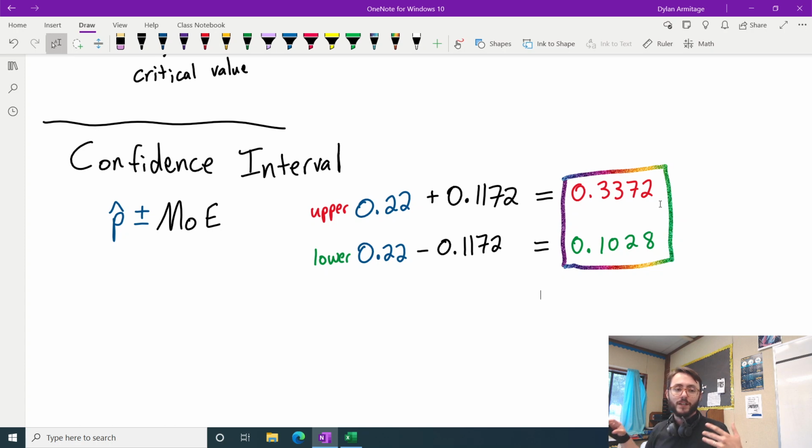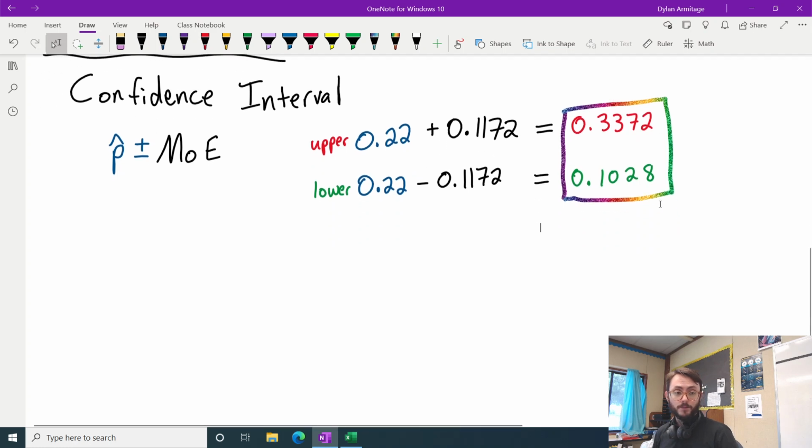So somewhere between 10% and 34% of the fish should have that third eye, just according to this sample here. Yours will be different, and we'll see how that looks.